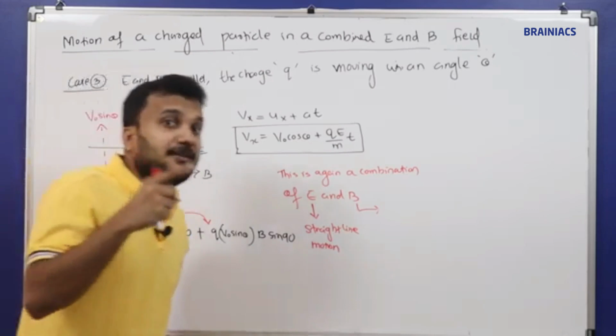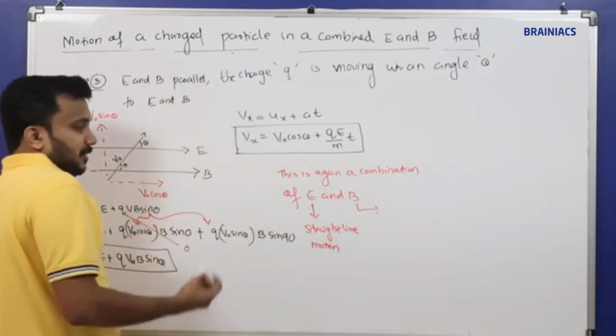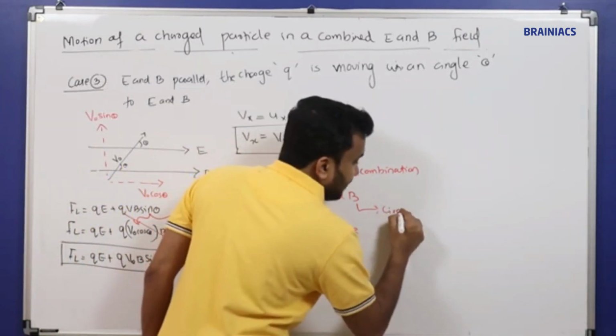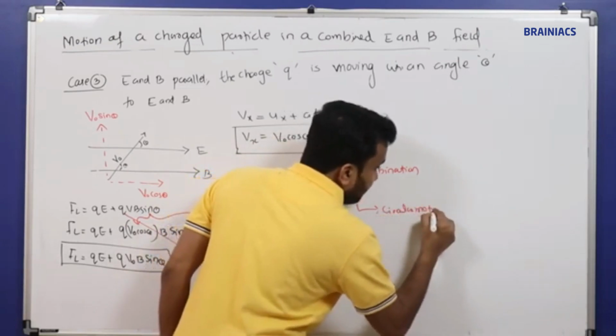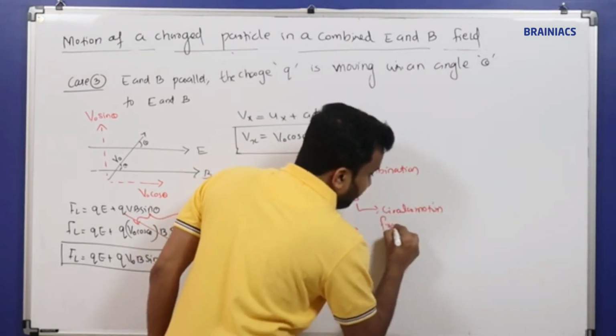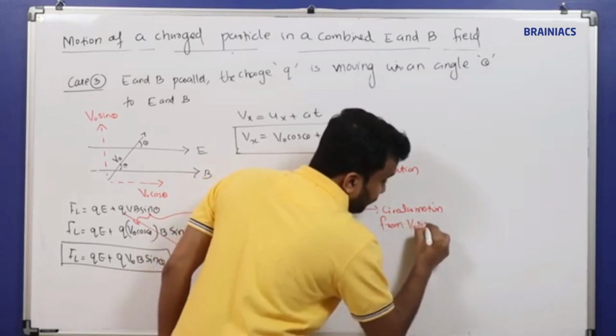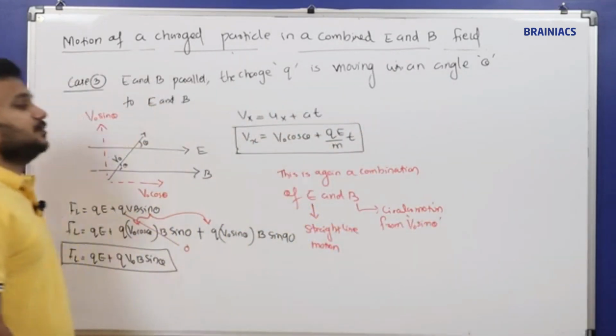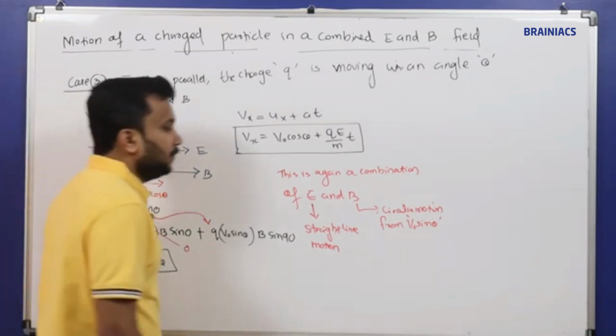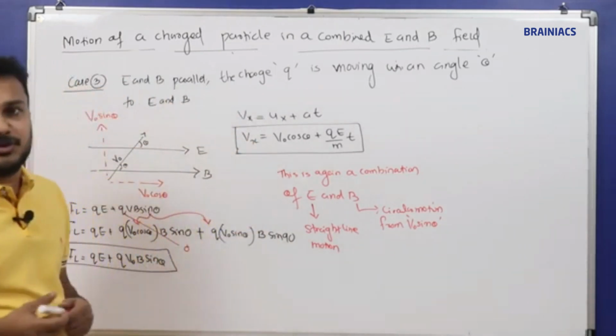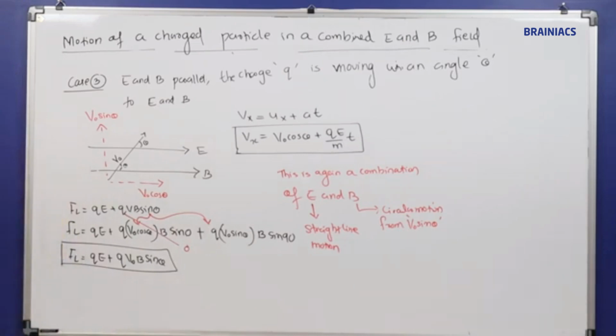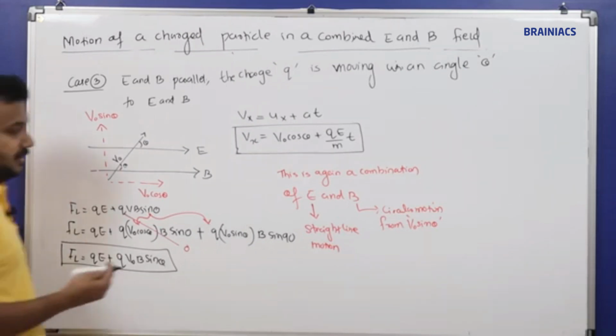This V0 sin theta will give rise to circular motion. So this is a combination of circular motion plus straight line motion, and this will give rise to a helical motion with variable pitch.